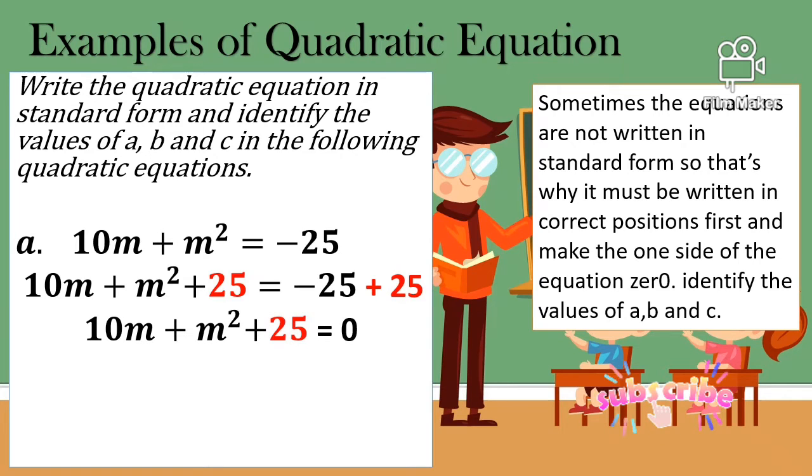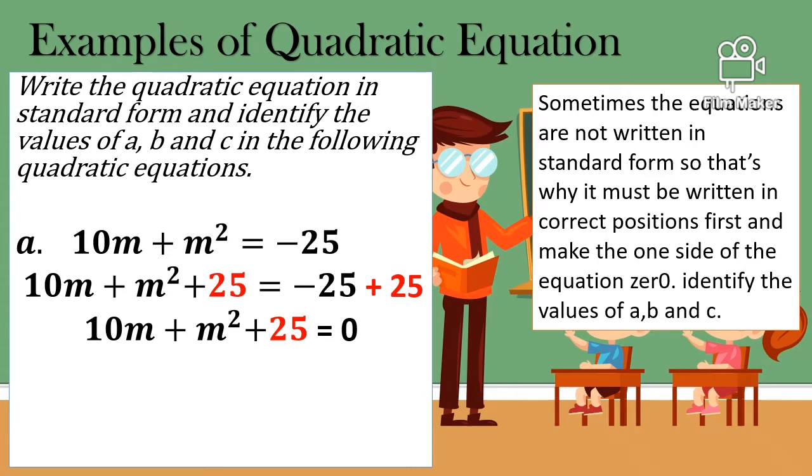So, we have come up with an answer which is 10m plus m squared plus 25 equals 0. But we're not yet done. We have to arrange first the terms in their correct position. We have to follow first the pattern, which is quadratic term plus linear term followed by the constant term.